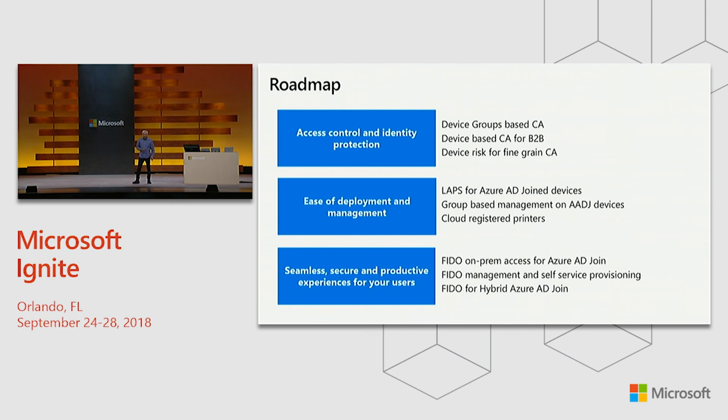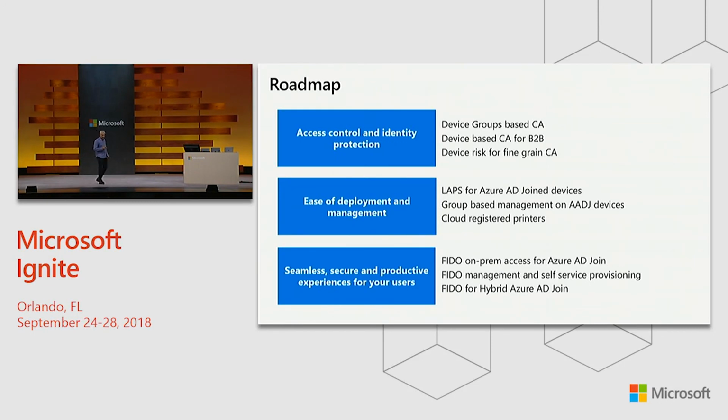And then in terms of ease of deployment and management, we have the local account password solution, LAPS. How many of you know of LAPS? OK, quite a few. So we want to ensure that if an Azure AD joined device is having connectivity issues, or there's a help desk scenario, or there's a genuine scenario for that user to be an admin on the device to install certain software, we need a way for the admin, or the user, to be able to recover the local account password.